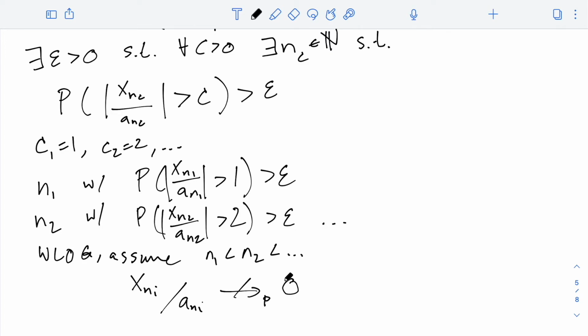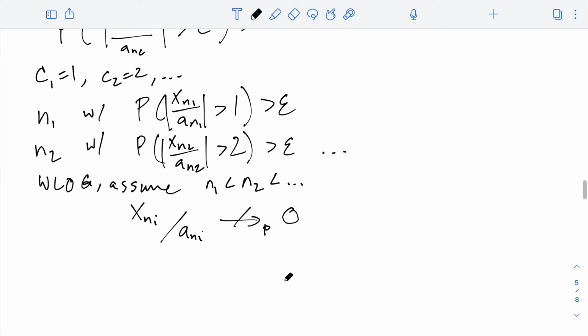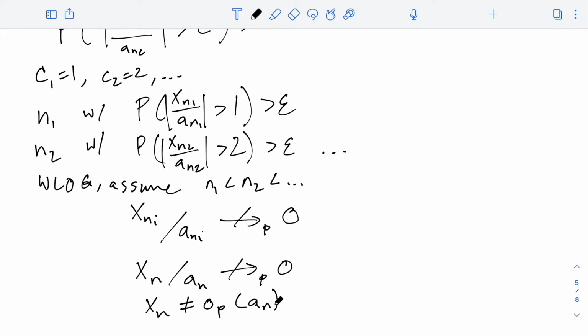So this ratio does not converge to 0 in probability. And from there, we can say that, in fact, X_n over a_n thus cannot converge to 0 in probability. And that means that X_n is not little o_P(a_n). Right? And now our proof by contrapositive is done.